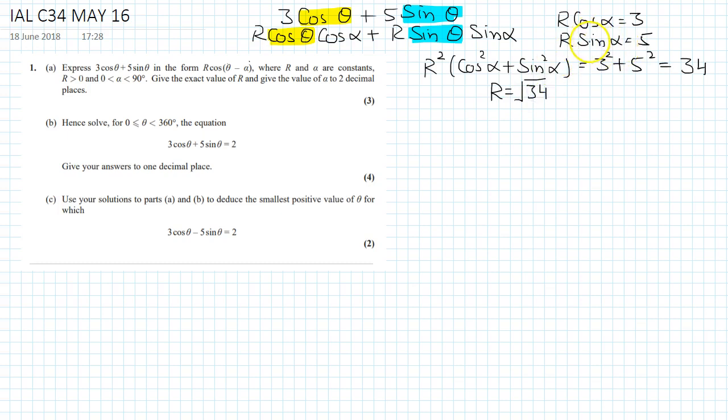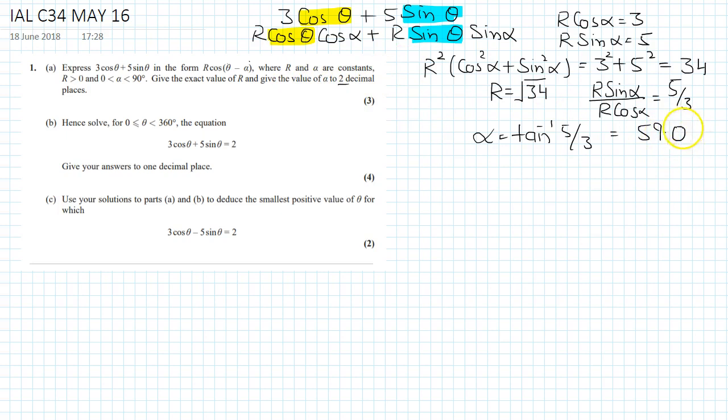If we divide this, R sin alpha over R cos alpha is equal to 5 over 3. This R and R cancel. Sin alpha over cos alpha is tan alpha, so alpha will be tan inverse or arctan of 5 over 3. So that is 59.04 to 2 decimal places.